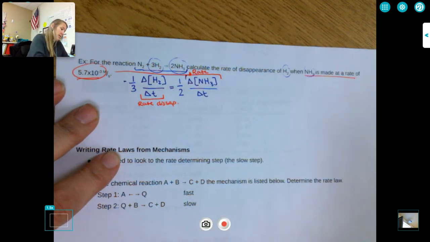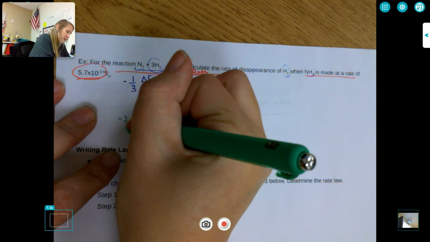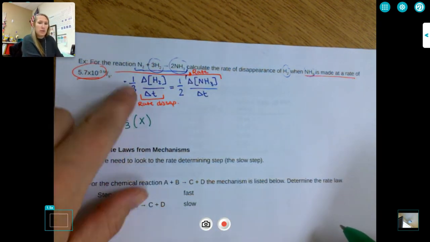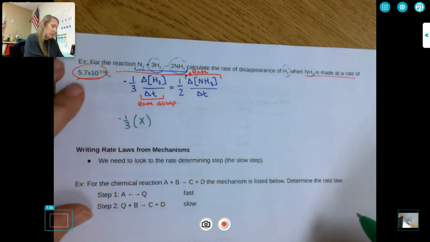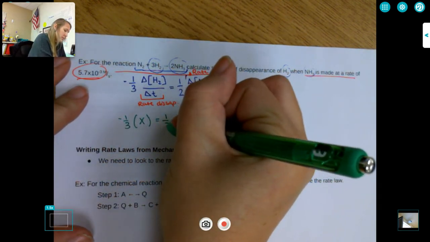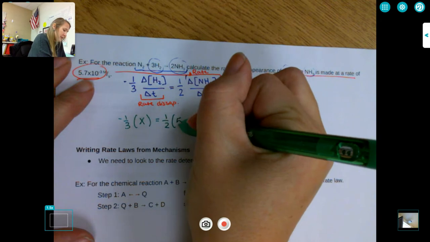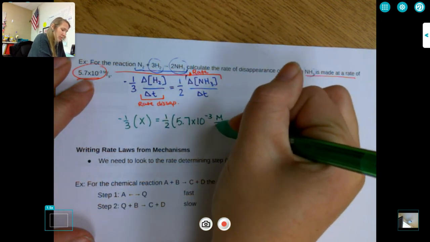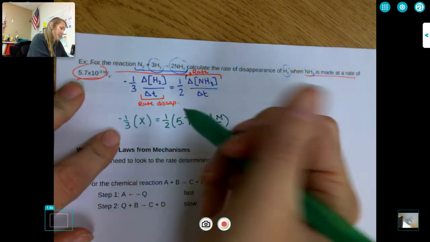So I'm going to plug in my numbers, negative 1/3, and I'm just going to call this whole big thing X because we're looking for this rate. This is a number, equal to 1/2 times 5.7 times 10 to the negative 3 molarity per second.